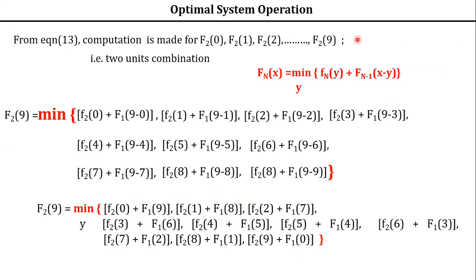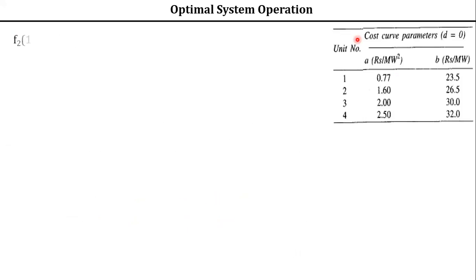Fine. So next, F2 of 1, same cost equation, use it. F2 of 1 means 1 megawatt of generation will be generated by the second unit. If 1 megawatt is generated by the second unit, then what is the cost? Use the cost characteristic equation, and this is unit 2, isn't it?